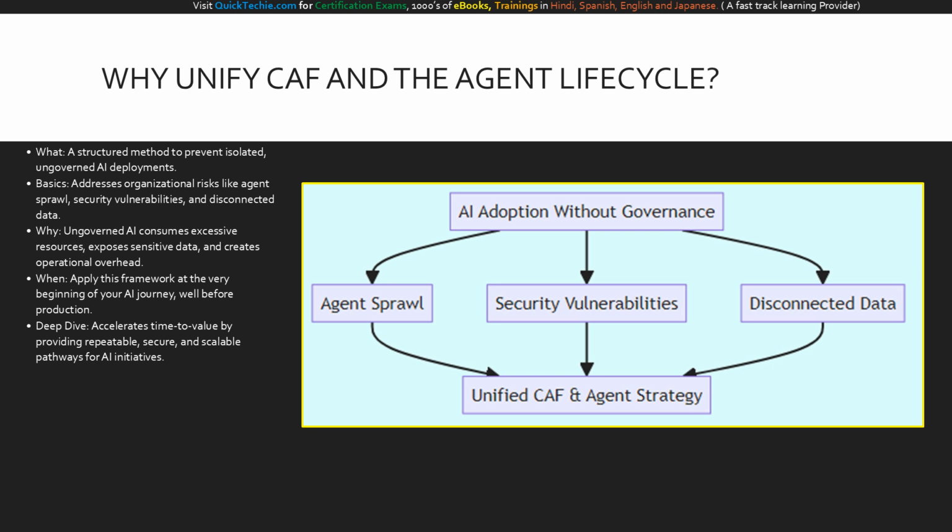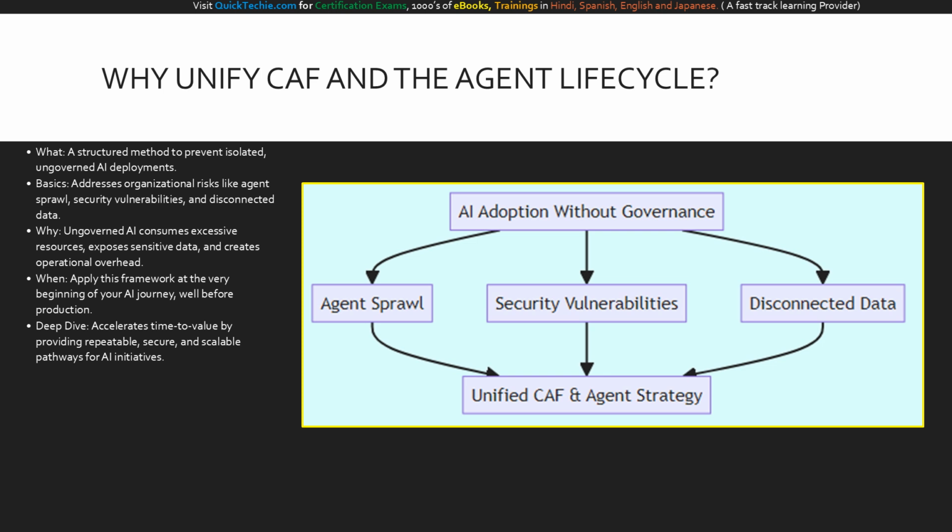Taking a look at this flowchart, we break down the specific risks and challenges that the unified adoption process is designed to mitigate. At the top, we have the core challenge: AI adoption without governance. From there, the diagram branches into 3 major risk categories that plague unstructured AI deployments. The first branch shows agent sprawl, which occurs when multiple teams build redundant agents, leading to wasted resources and confusion.